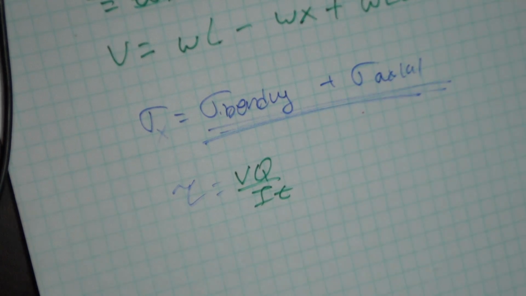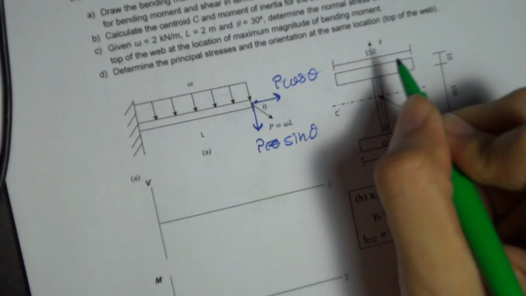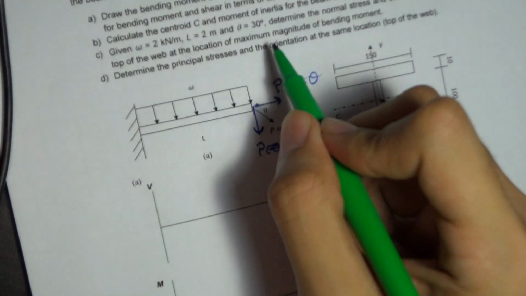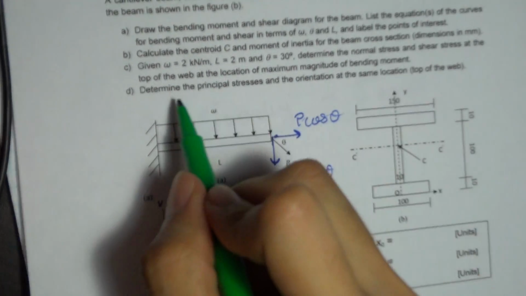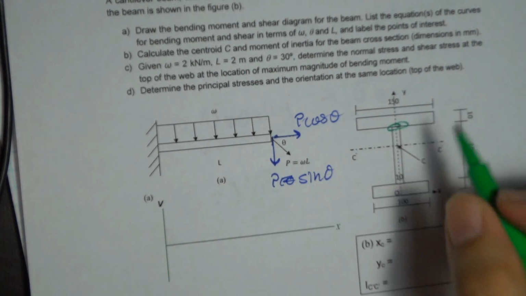So if we look at here, we're interested in the top of the web. The web stops here. We're interested in this point.